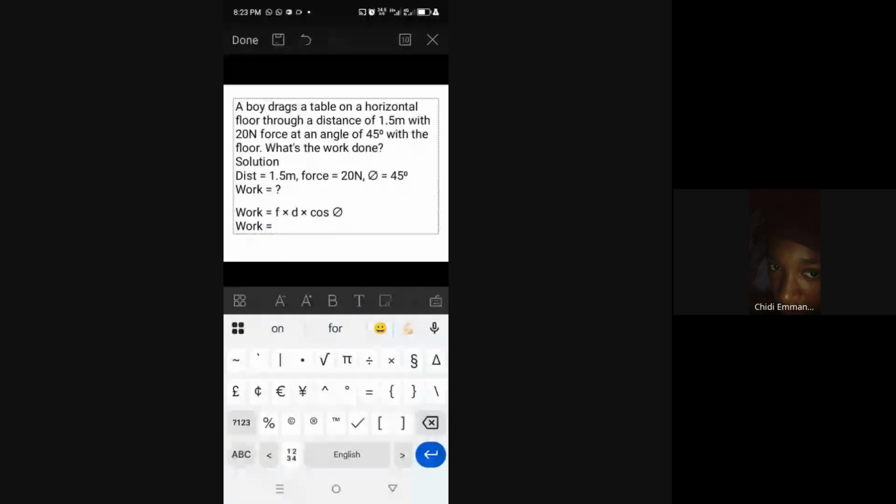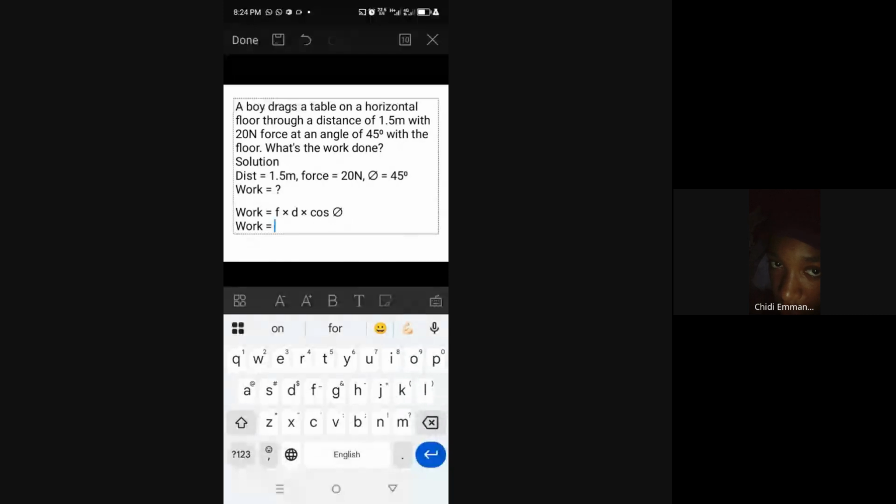It depends. If you are dealing with an inclined plane, that is where somewhere will be sine. But this one says the object is dragged on a horizontal floor, so it's a horizontal motion, not an inclined motion.